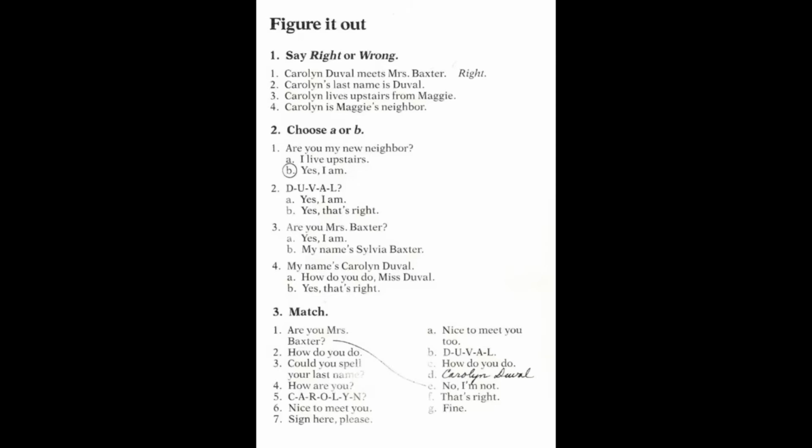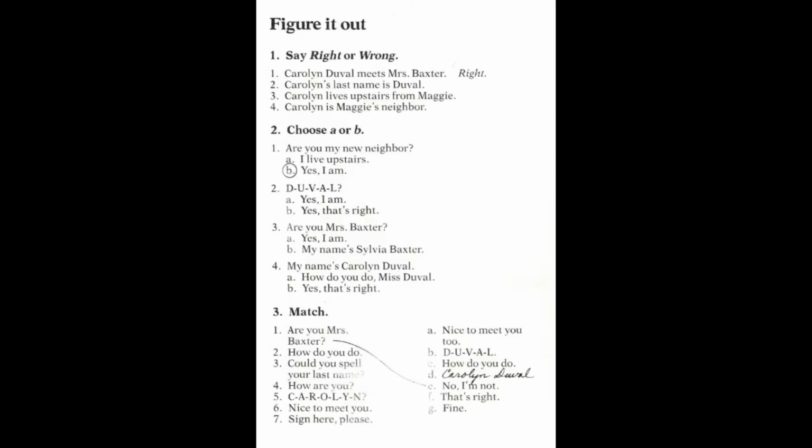Number 4. How are you? Which one is right here? Alright, G, fine. Fine is correct. Number 5. C-A-R-O-L-Y-N. What do you think? That's right. F. F is the correct answer indeed. Right. Number 6. Nice to meet you.